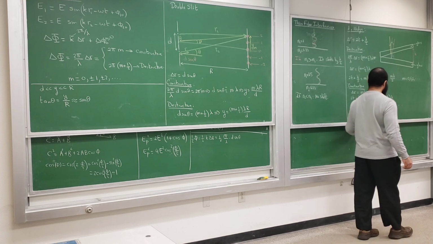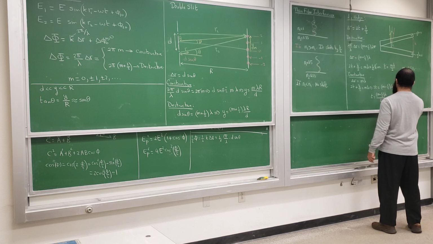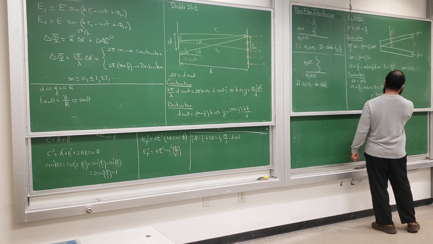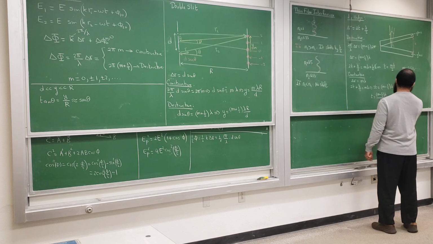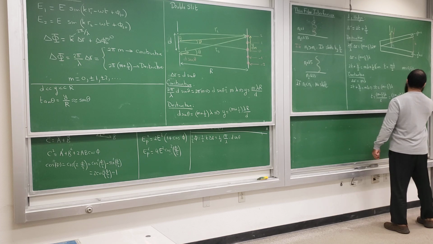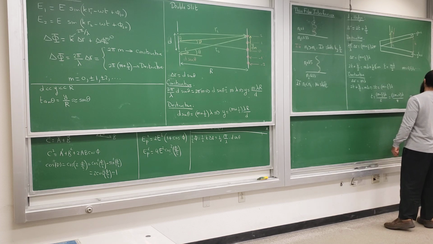So let me make a common denominator here, so it becomes 2m minus 1 times lambda over 4. And we said here m is equal to 1 or 2 or 3, and so on.